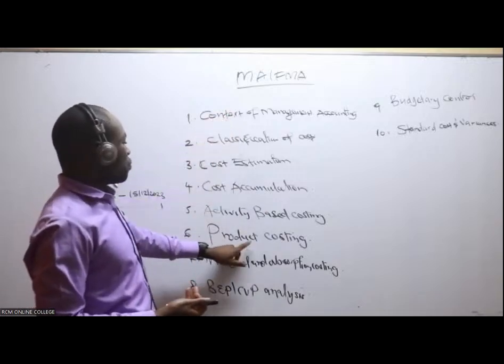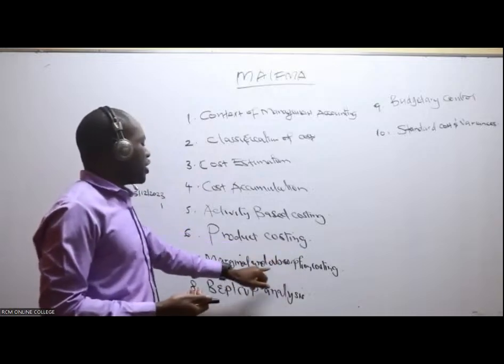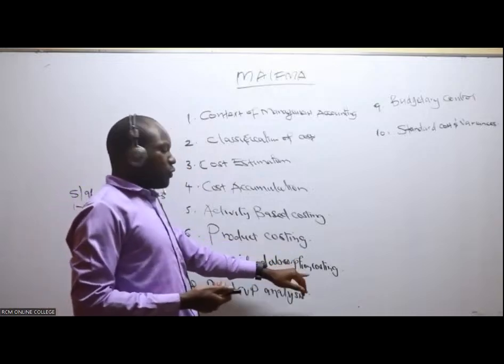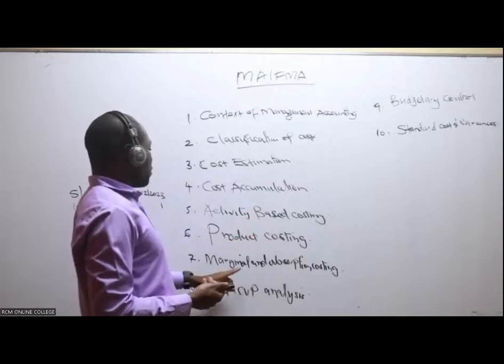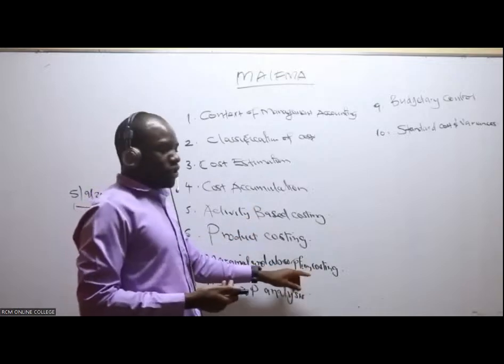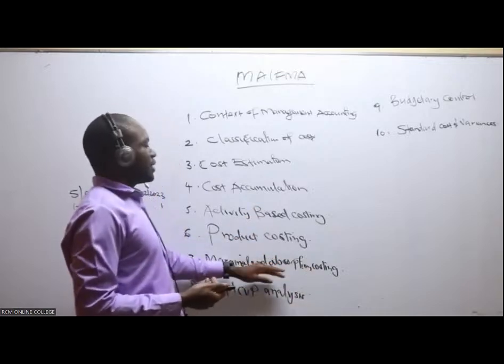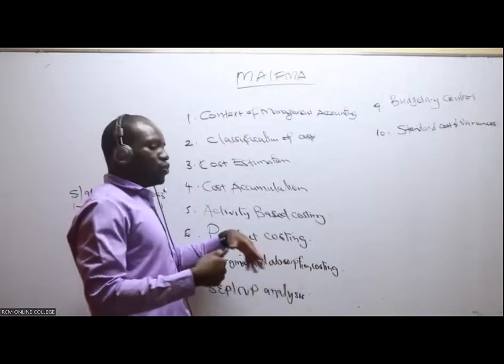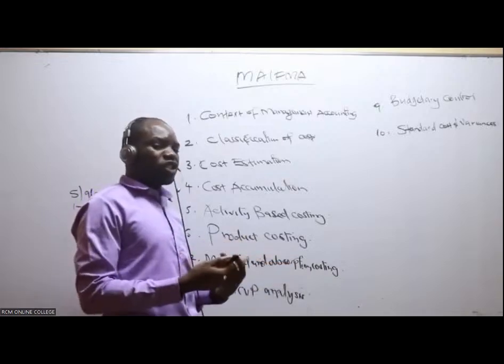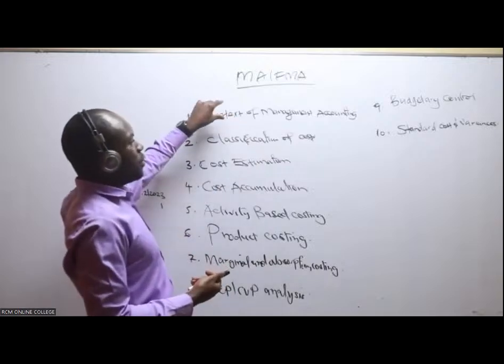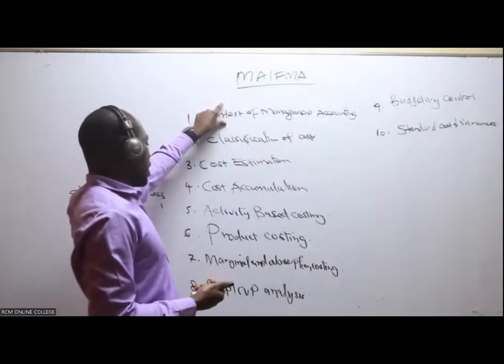The same applies to product costing, marginal and absorption costing, and we all know that you are either applying marginal or absorption costing. So how are these important to us? The way they are going to help you to deal with your management or production department, then you are giving us the importance of management accounting.